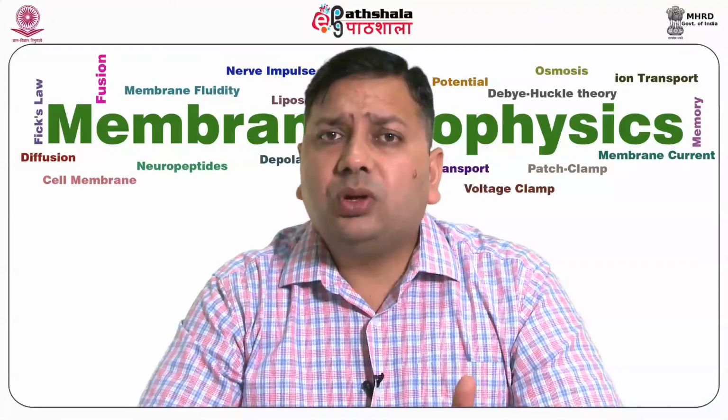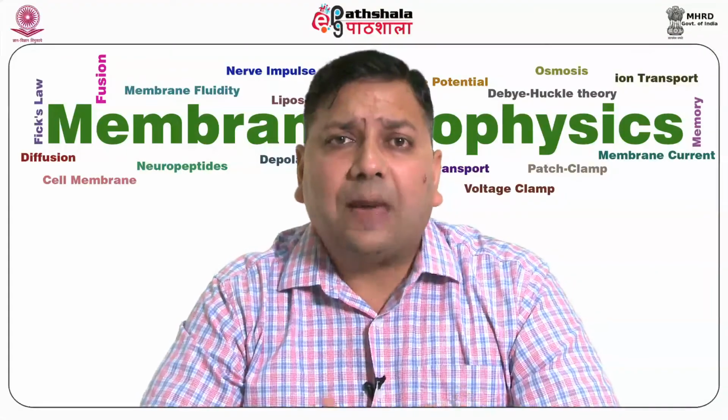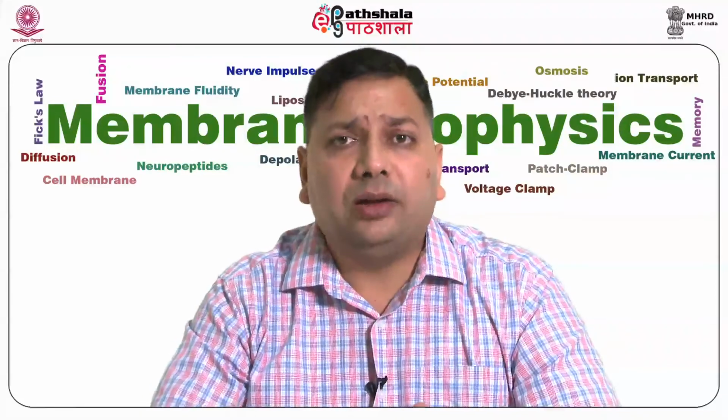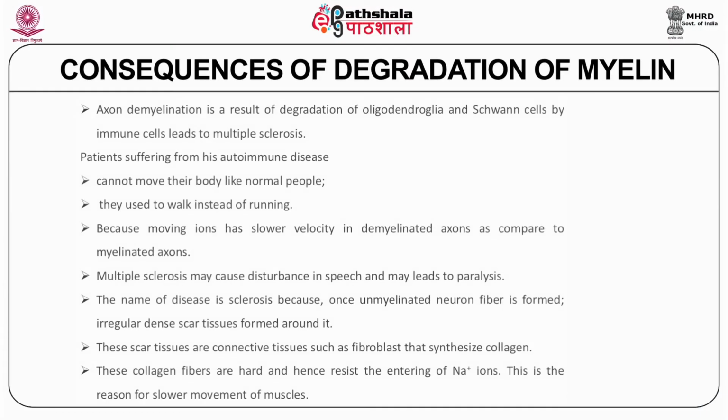Now coming to the consequences of the degradation of myelin. When myelin is degraded from the axon, we call it axon demyelination. It is a result of degradation of oligodendroglia and Schwann cells by immune cells, and leads to multiple sclerosis.